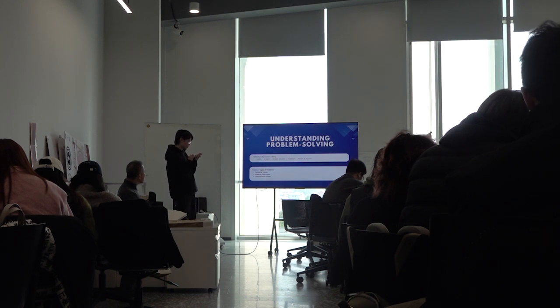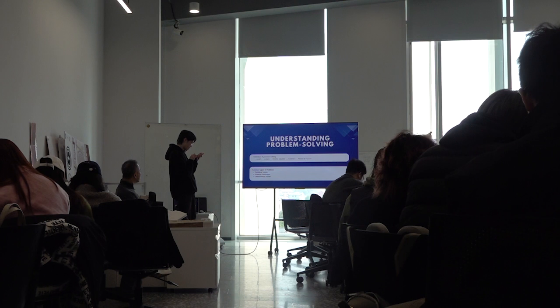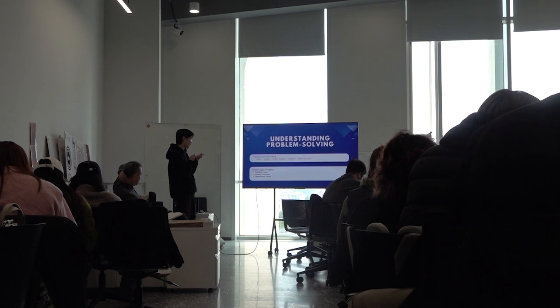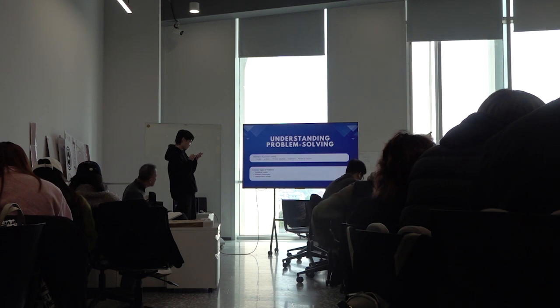Problem solving follows a structured process: identify, analyze, develop solutions, implement, and review. In creative and technical fields, challenges typically fall into three categories. Technical issues like software crashes or rendering failures require troubleshooting and optimization.